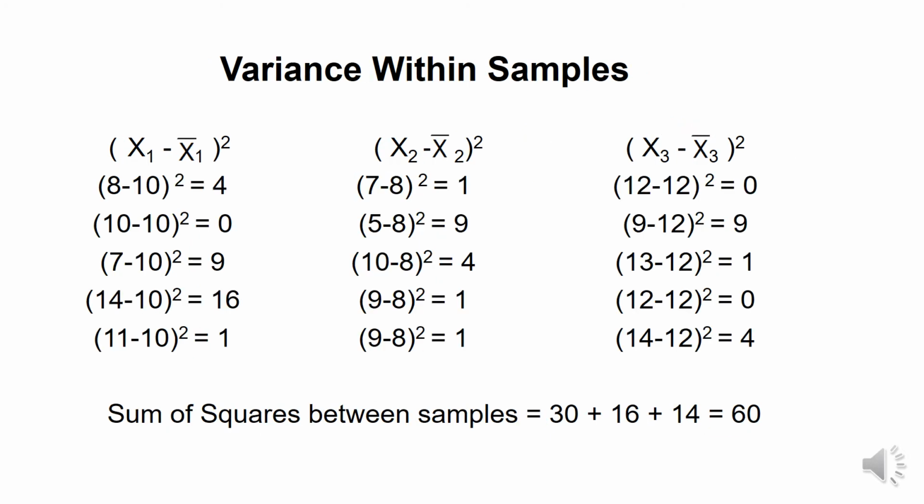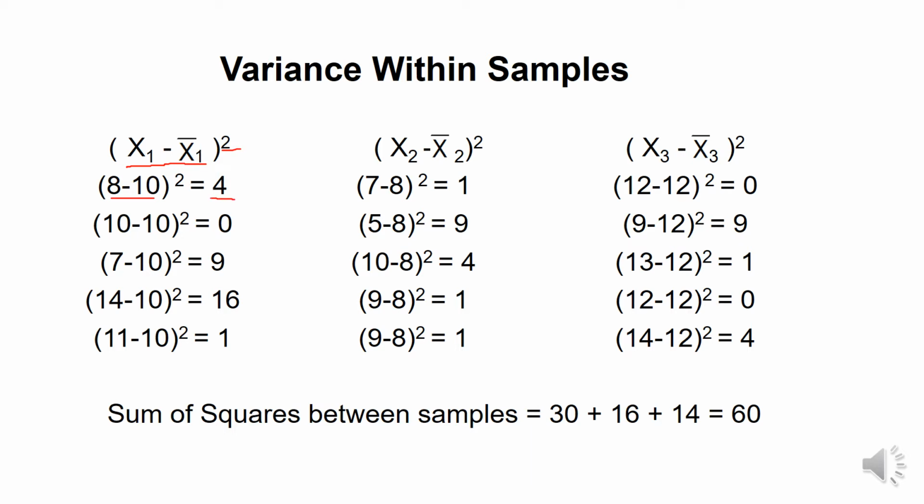Now we'll calculate the variance within the sample. The variance within the sample can be calculated by using the formula, that is, subtract the actual value of the x1 series from the mean of the x1 series and take the square of it. So 8 minus 10 is equal to minus 2 and the square of minus 2 is equivalent to 4.